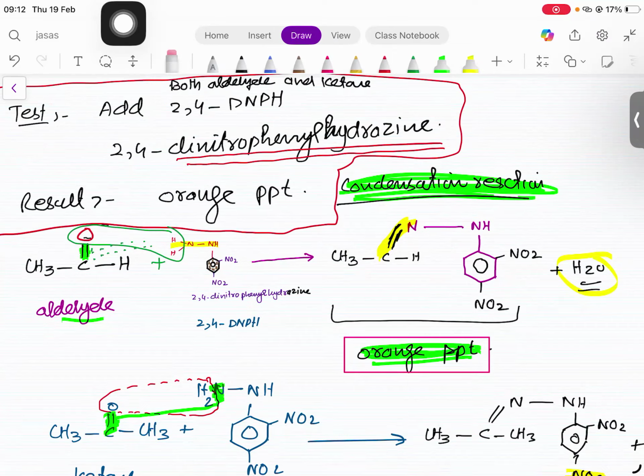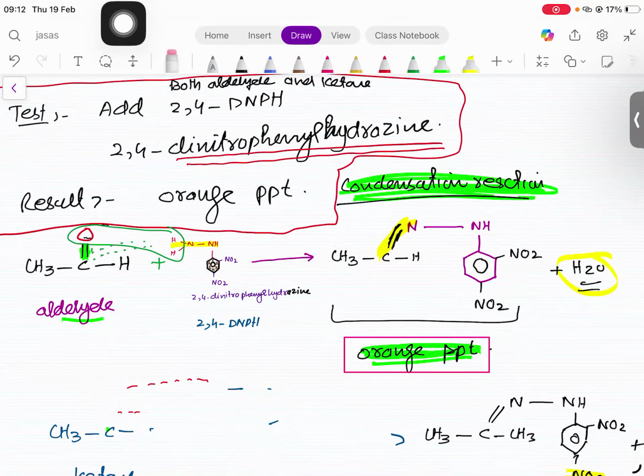Now if I ask you the same thing, how is it going to happen with a ketone? The same thing happens with a ketone, because for the reaction to take place, 2,4-DNPH has to lose 2 hydrogens, and the carbonyl functional group has to lose its oxygen to make water. Now look at this.